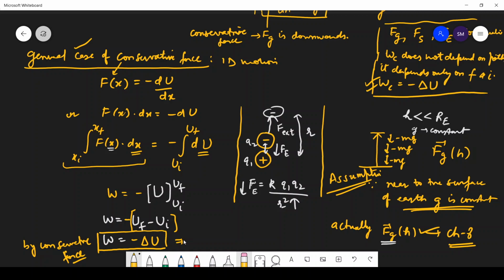So you can write this also as equal to Fx into delta x. So this work done, you can write it, and when you are summing them all, then this will be an integration. So you can write it this way also.